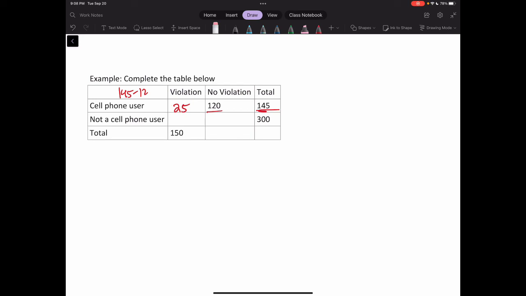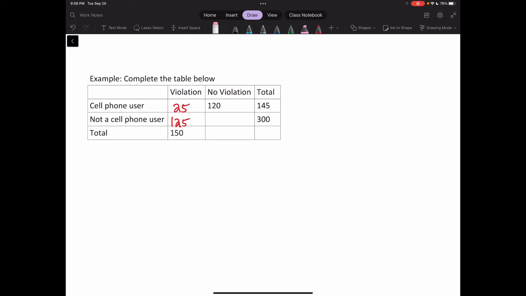All right. And so the rest of these are just filling in these gaps, doing tricks like that, right? So then let's finish this up. Let's come down to the violation column. There are 150 total people that had a violation, but 25 of them had a cell phone. So that means that 150 minus 25 gives us 125 individuals that did not have a cell phone that received a violation.